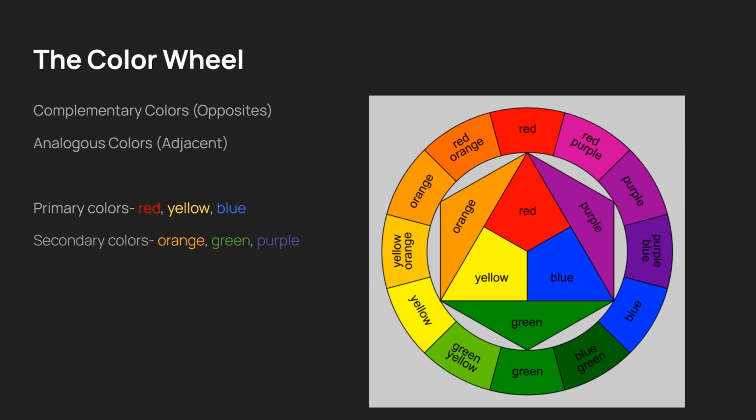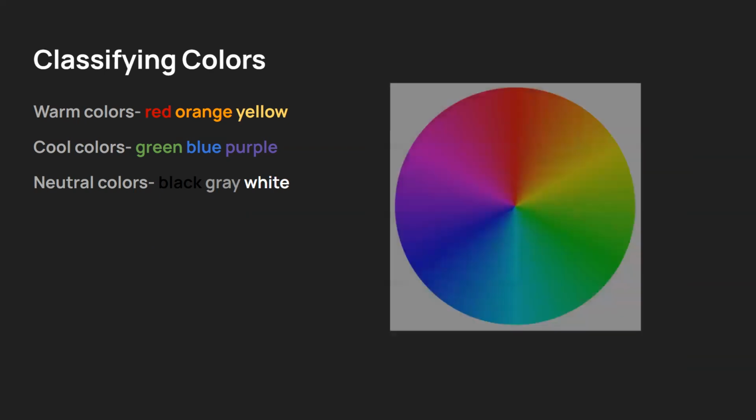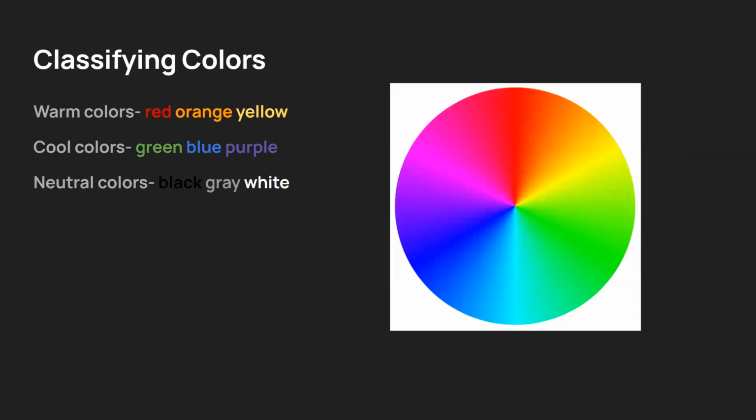Okay, and now we're going to classify the colors we just saw. All right, this is the color wheel again, but it's more advanced. First we have the warm colors and we also have the cold colors.